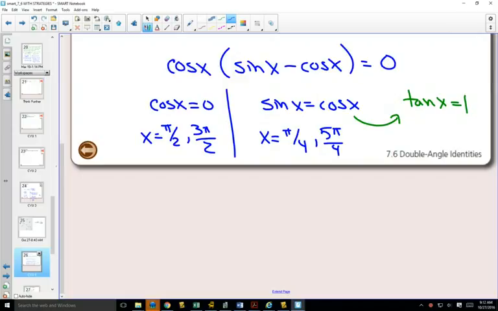Now, there are a lot of questions that we can do for practice from the textbook, questions 12 through 15. And then on that identities sheet, we've done the first side, which was all of our proofs. On the back side is a bunch of solving questions.